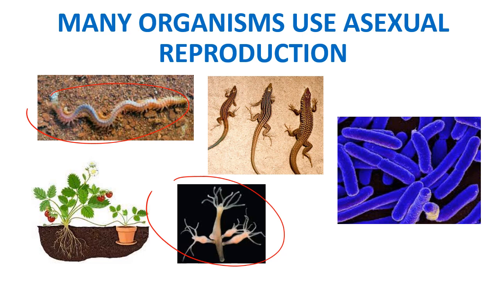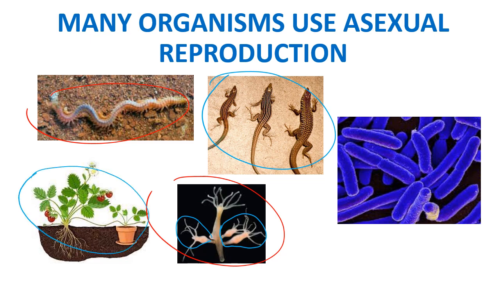These little baby hydras bud off the side of the parent hydra, and they're all asexual copies, clones of the parent. Some lizards can actually do it as well, where they become pregnant without having to reproduce. Plants can do it quite regularly, but of course we're mainly focusing on prokaryotes for this section, which are bacteria.